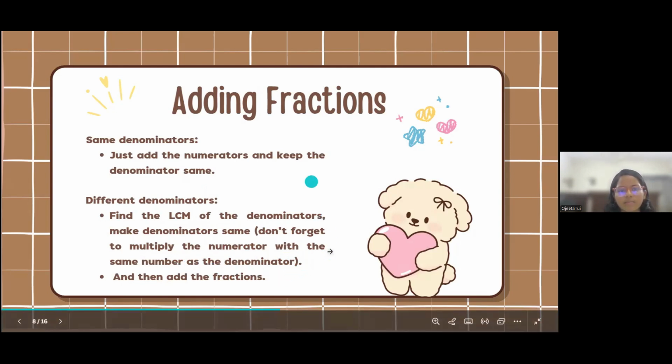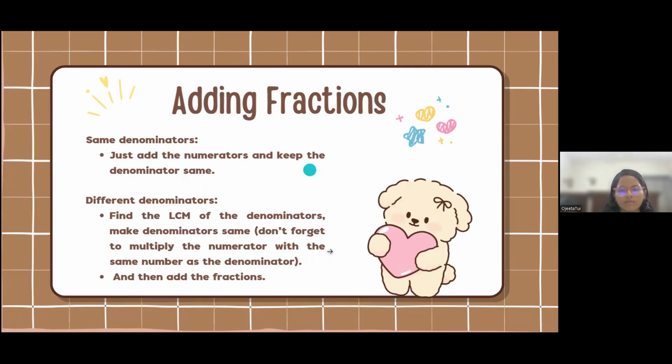So, for example, think that you have a fraction. Let's take 3 by 4. And another fraction, because we're going to add them, 4 by 5. Take the denominators 4 and 5 and find the LCM. It's 20. Since we multiply 4 with 5 to get 20, we also have to multiply the numerator 3 with 5.